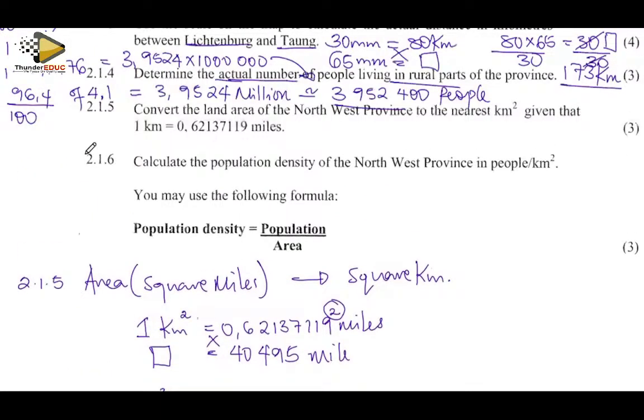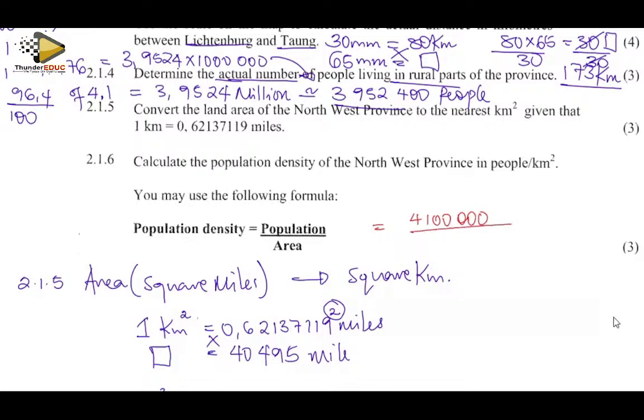We look at 2.1.6. It wants us now to calculate the population density of Northwest Province. The formula is already given here, so the population, we saw it as 4,100,000.